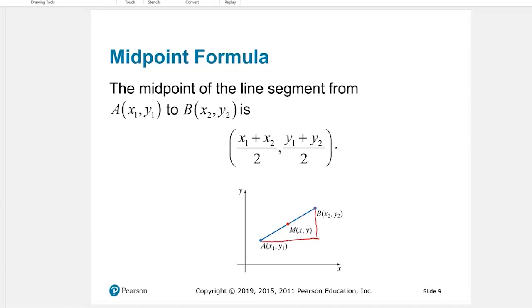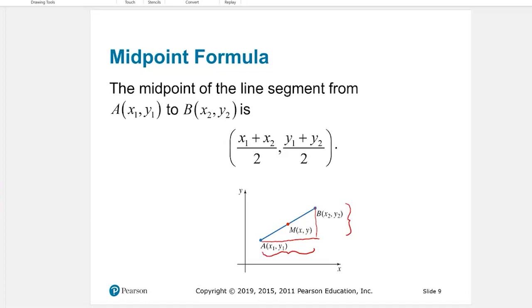Okay. And if I know how long the line horizontal to the x-axis is, and I know how long the line parallel to the vertical axis, the y-axis, or the vertical, if I knew the length of that and I wanted to find the middle, I can average them, can't I?